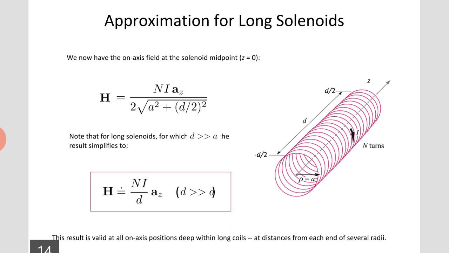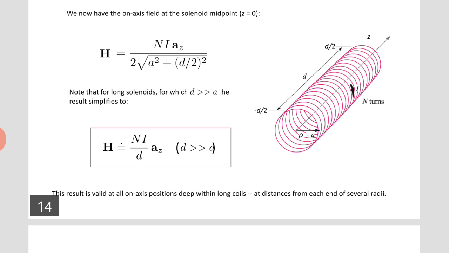So H becomes n I az divided by d. The expression for H is now n I divided by d into az. This result is only valid on axis, deep within long coils, at a distance of several radii from each end.